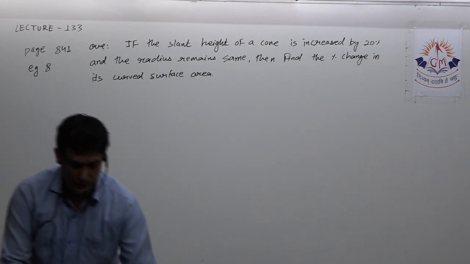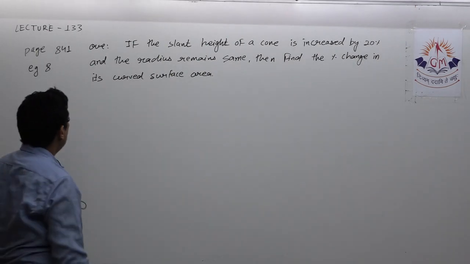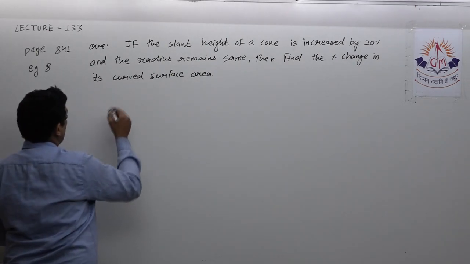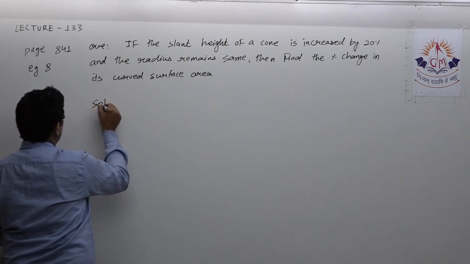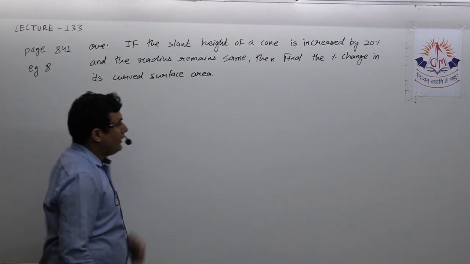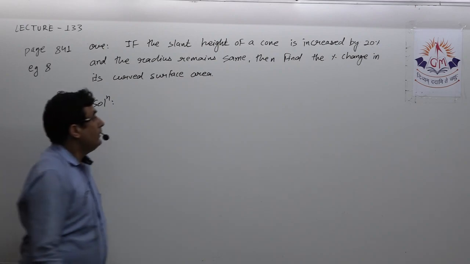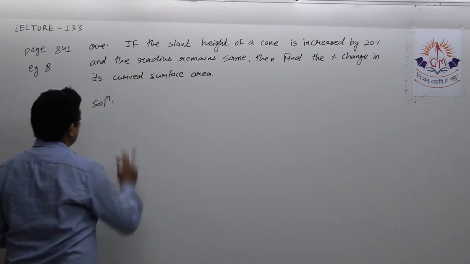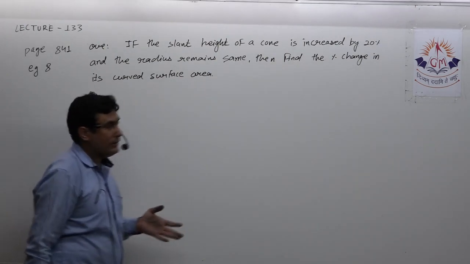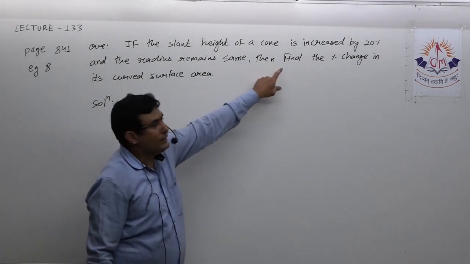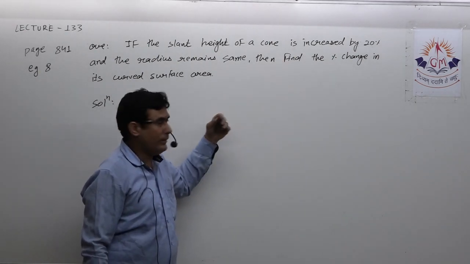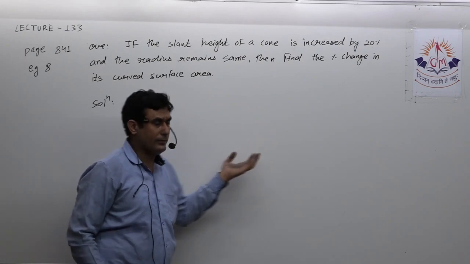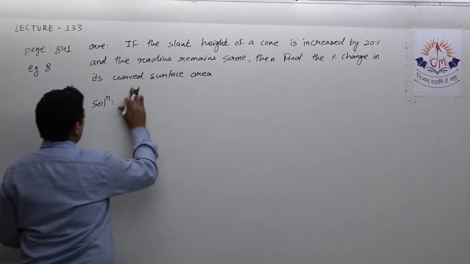Okay, so here it is given that the slant height has been increased by 20%, and we have to find by how much its curved surface area will change, whether it will decrease or increase. We can see one thing has been increased and the radius remains the same, so obviously it must increase, but by what percent, that we have to find.